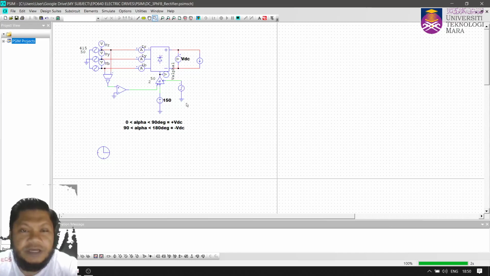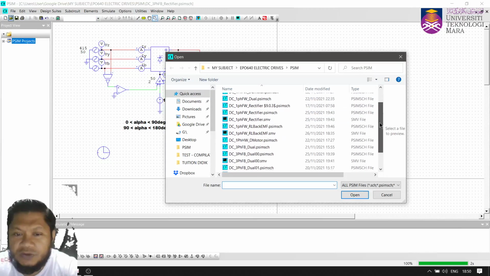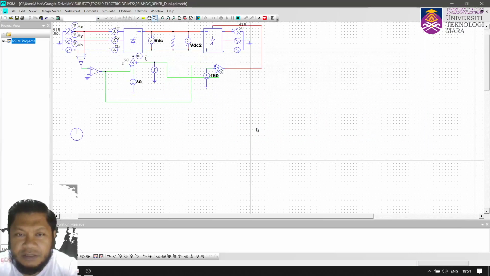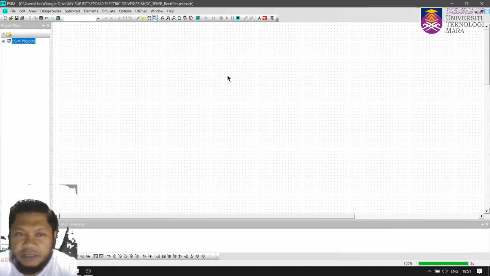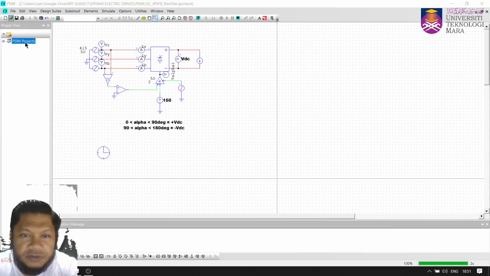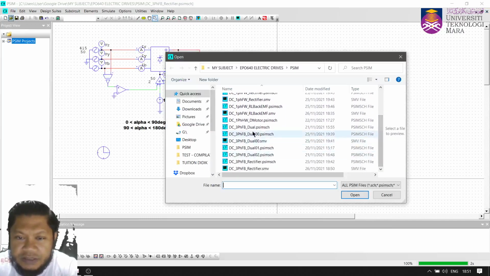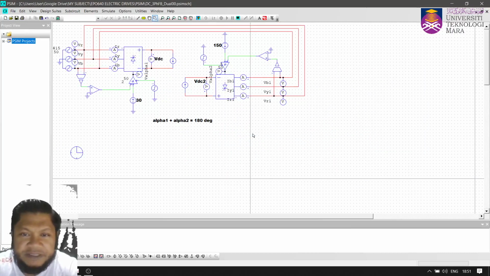Okay, so I also have this simulation of a dual converter that you can try, or you can do it individually just to understand. This is better, right? So I modeled this.